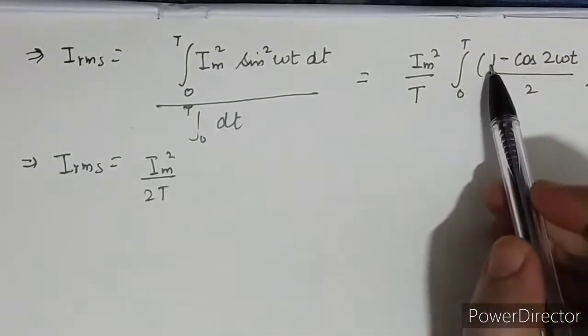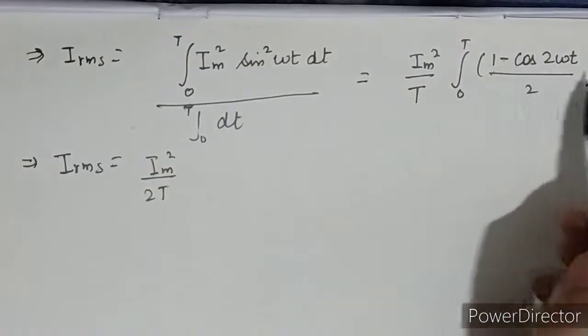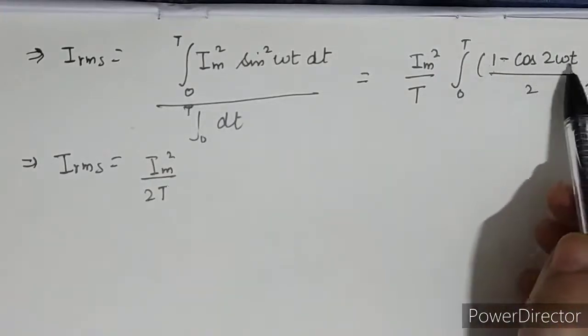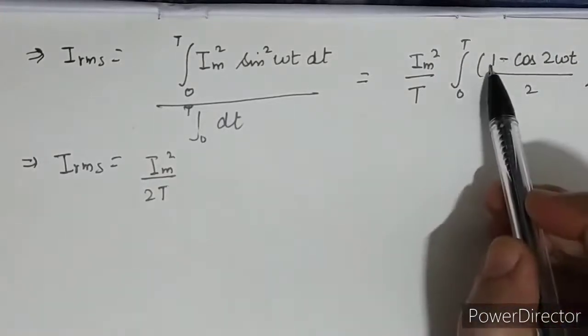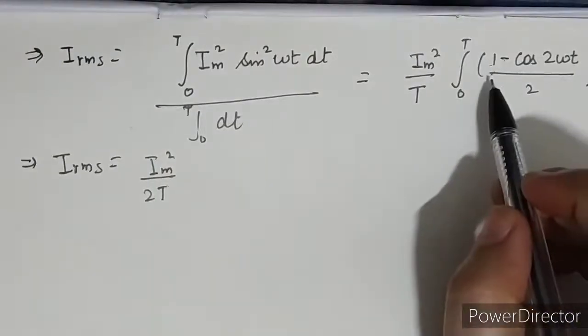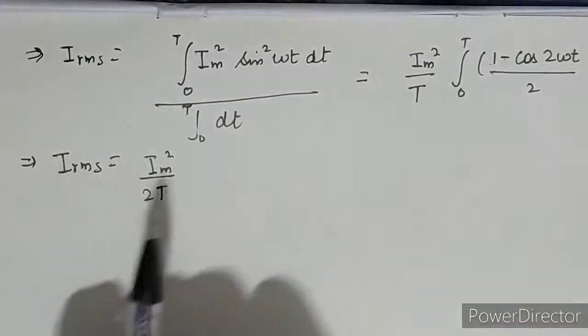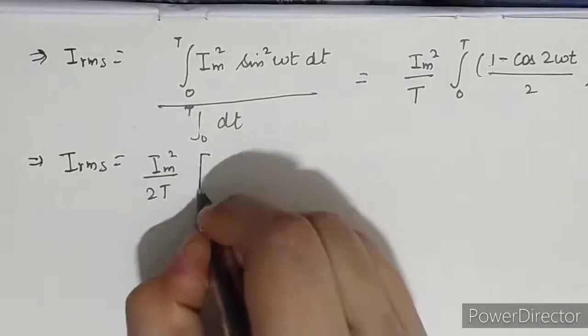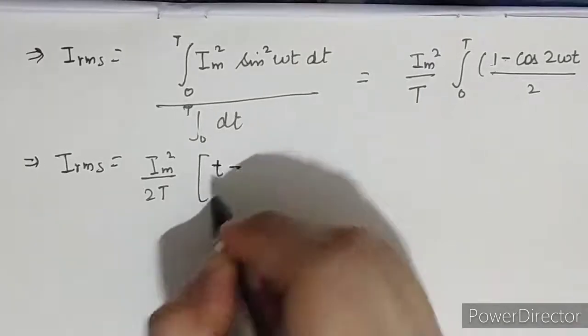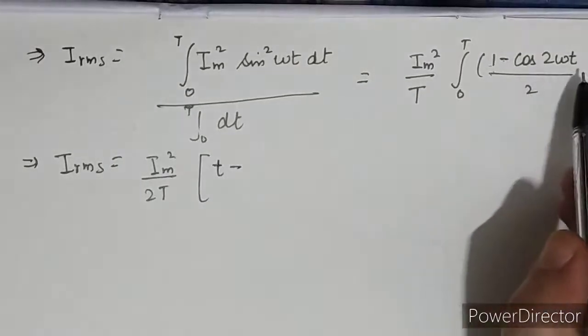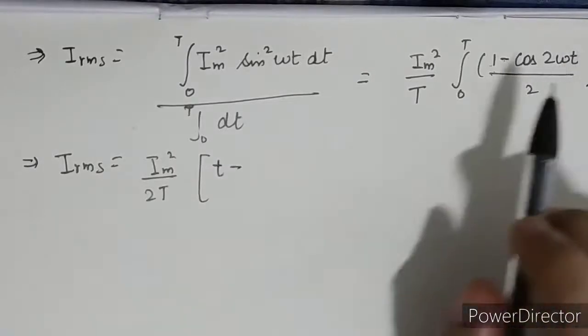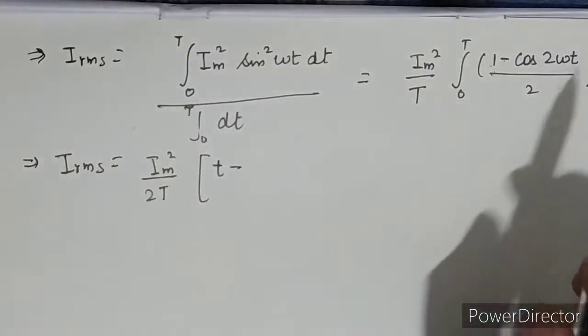Firstly, I multiply 1 minus cos 2 omega t with dt. So 1 into dt, it will be dt, and the integration of dt will be t. Then t minus the integral of cos 2 omega t, the integral of cos theta is sin theta.